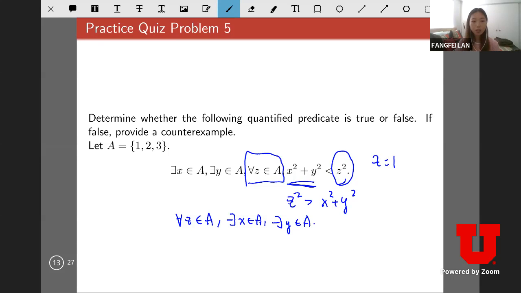The order shouldn't change. Choosing z is equal to 1 first didn't change the order of the sentence. Okay. Yeah, in this case specifically for all z in A, if you can find one z that makes the statement false, that is the counterexample that you want to be giving.